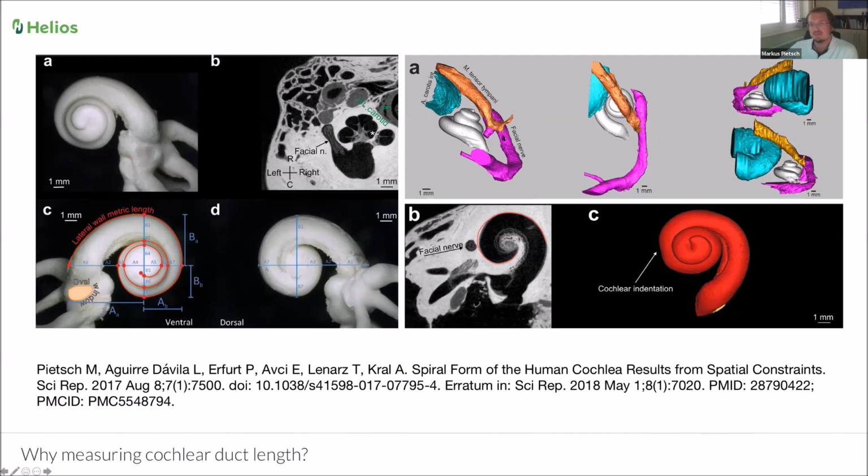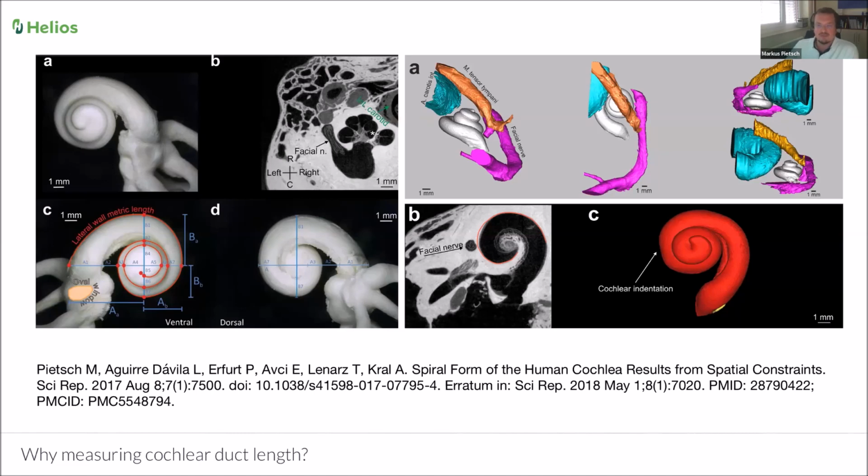You see that the facial nerve, the tensor tympani, the carotid artery, there are a lot of structures around the cochlea, and we believe and we are very sure that those surrounding structures are highly important for the variability of those cochleae.